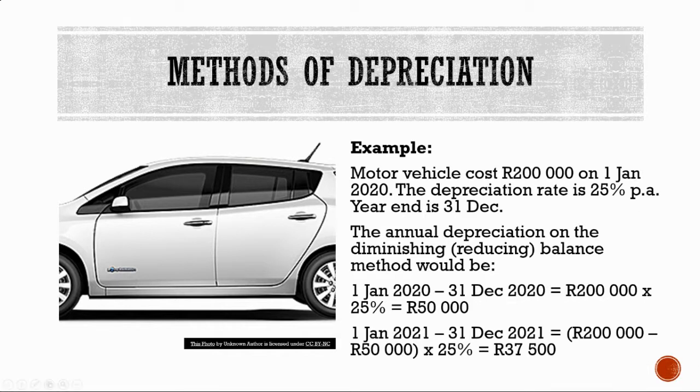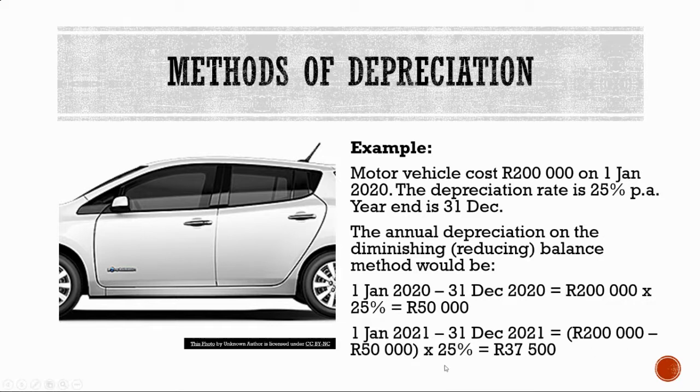Now, what you can see is in year two, we take the cost of 200,000, we deduct the depreciation up to that stage. Because we've only had 1 year's depreciation before that, it is equivalent to the prior year's depreciation of 50,000. If it was more than 1 year, you would have added all the years' depreciation together to get an accumulated amount, so a total depreciation.